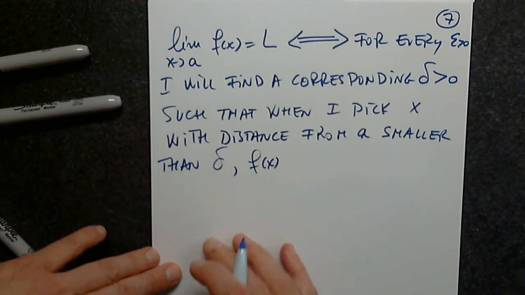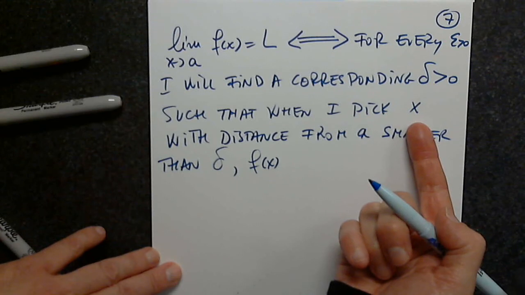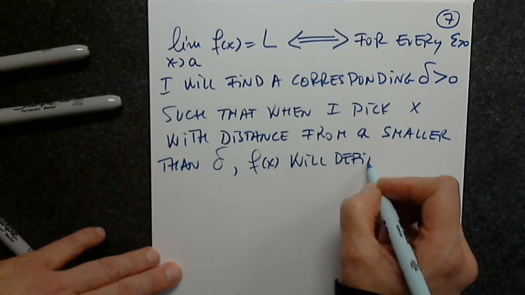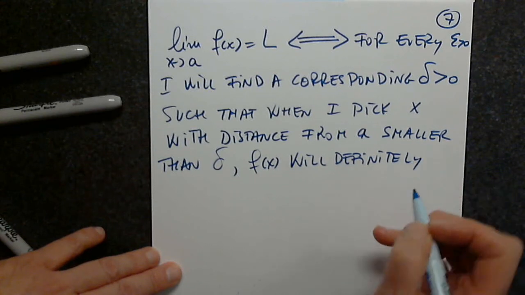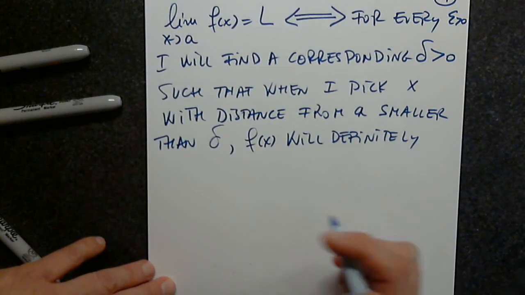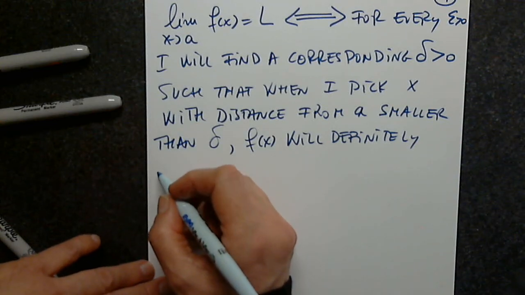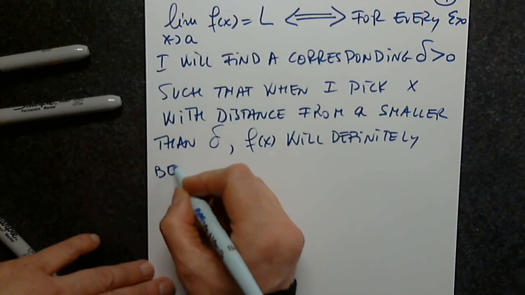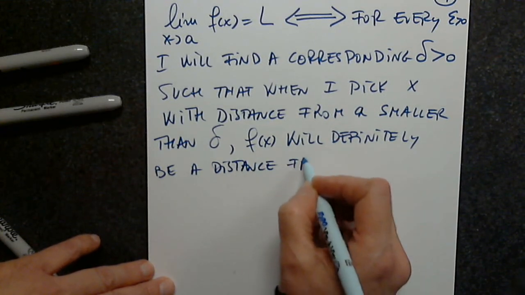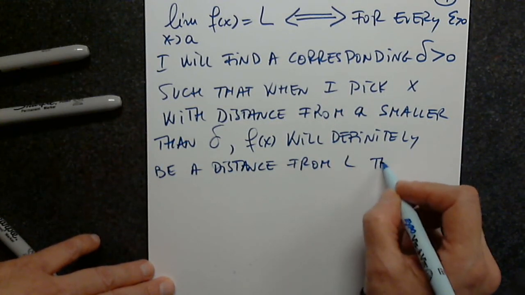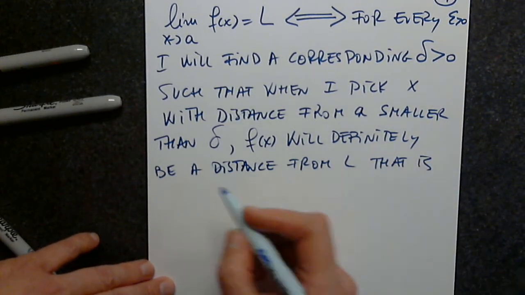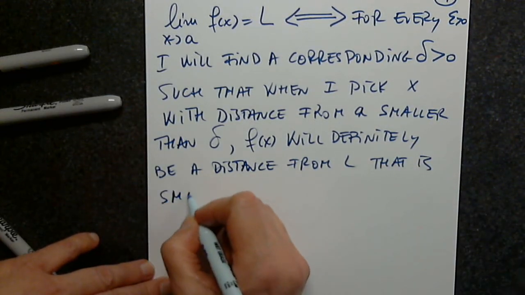F of x, the function of that x, will definitely, that function value will definitely be at a distance from L that is smaller than epsilon.